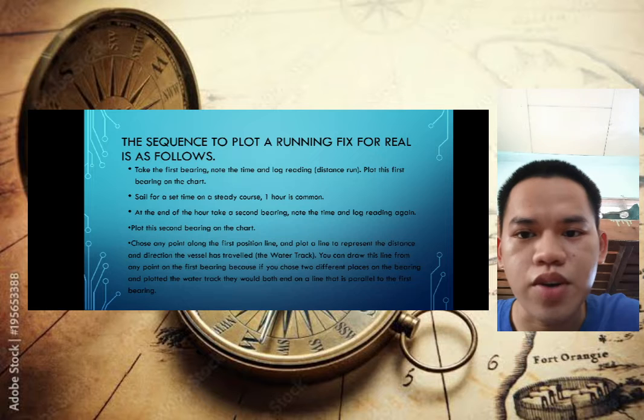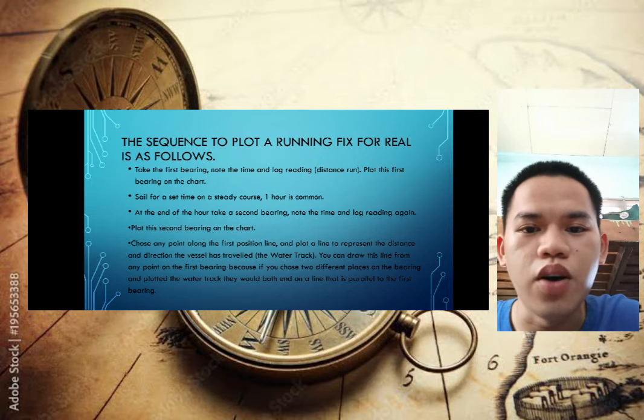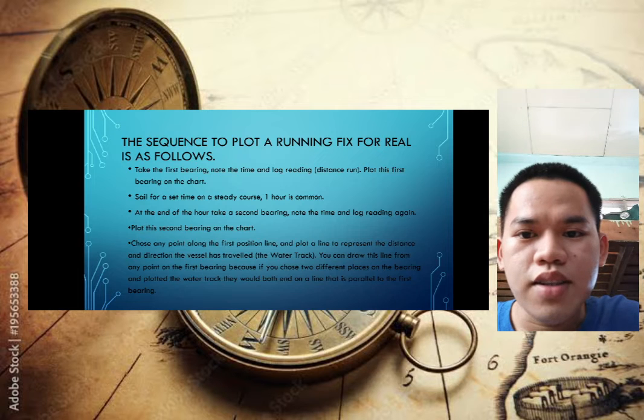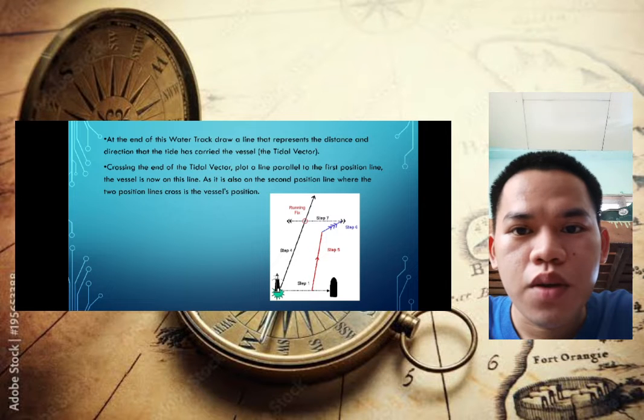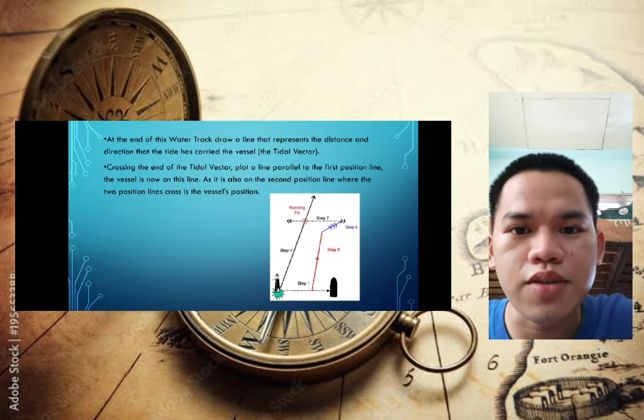or the water track. You can draw this line from any point on the first bearing, because if you chose two different places on the bearing and plotted the water track, they would both end on a line that is parallel to the first bearing. At the end of this water track, draw a line that represents the distance and direction that the tide has carried the vessel, or the tidal vector.